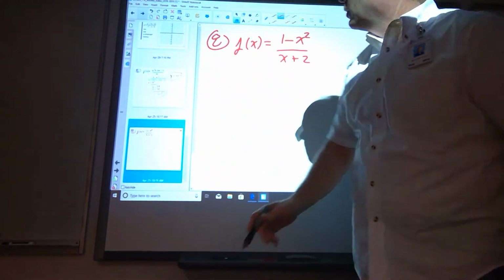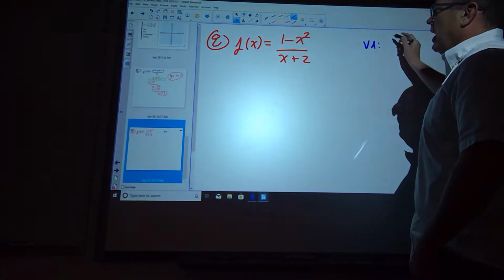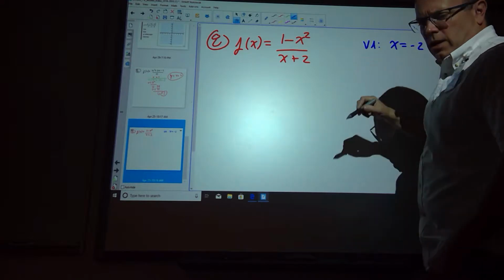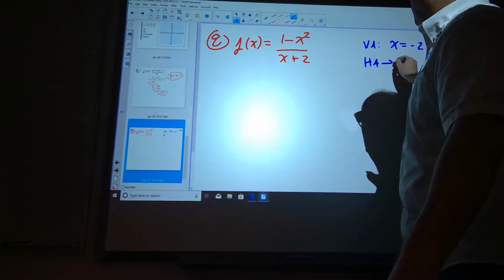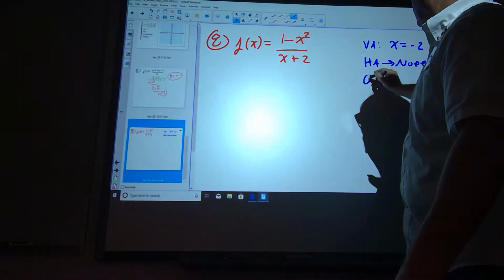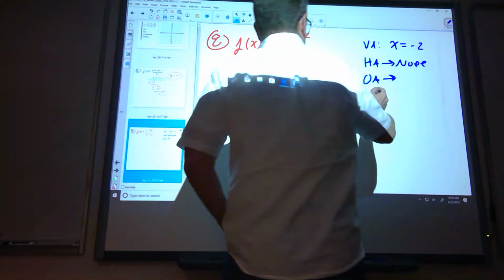Okay. So, vertical asymptote. We have it at x equals -2. Horizontal asymptote's not listed, but we use the official math term nope. And then OA, the oblique asymptote, you just have to do the long division.